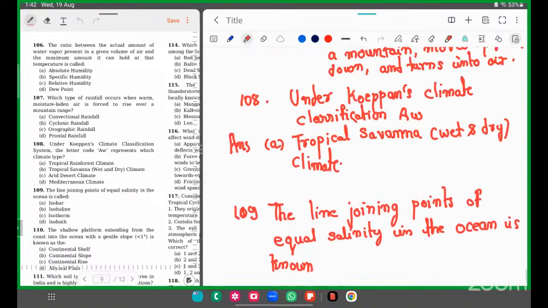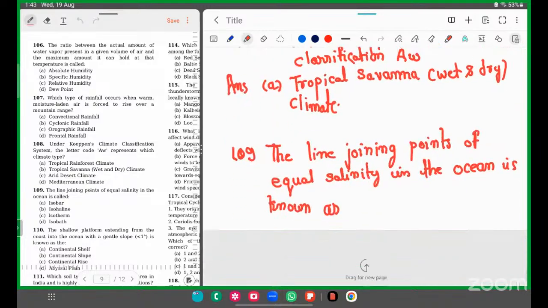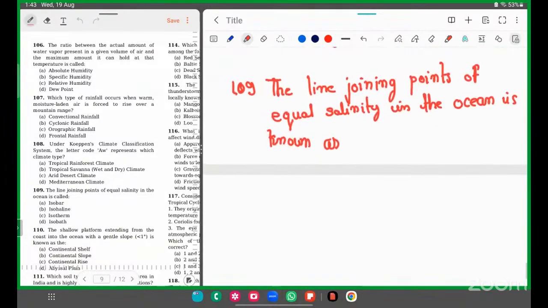So the term isohaline itself is known as the line joining points of equal salinity in the ocean.